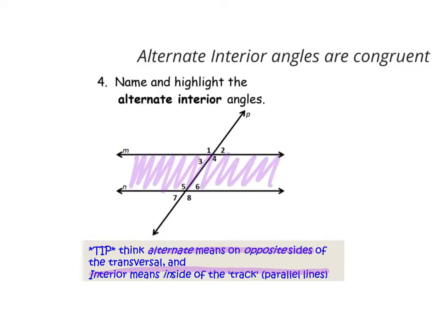And then we want opposite sides. Alternate interior angles are also congruent, which again means same. So I have two sets of alternate interior angles here. Angles 3 and 6 and 4 and 5. So they are inside the parallel lines and on opposite sides.